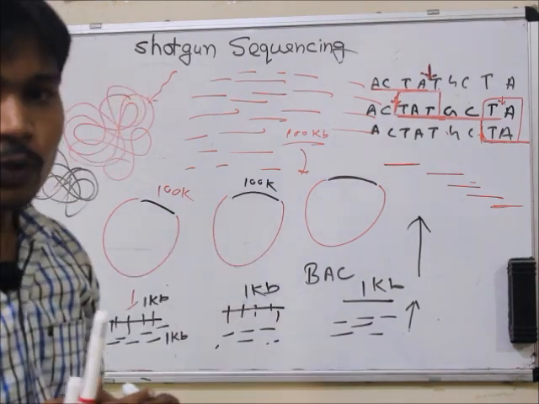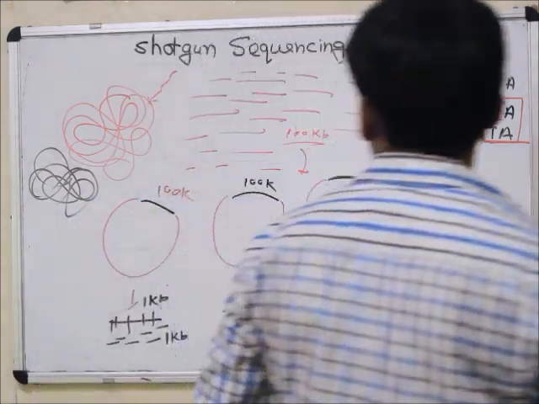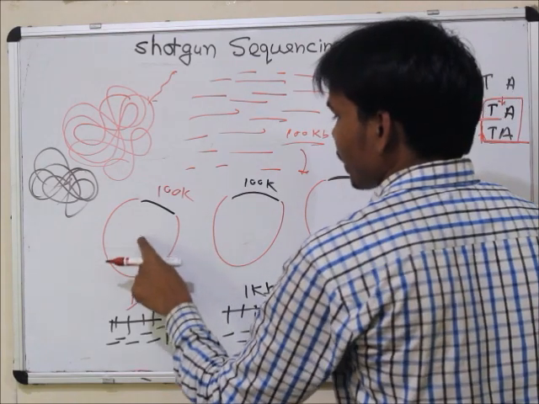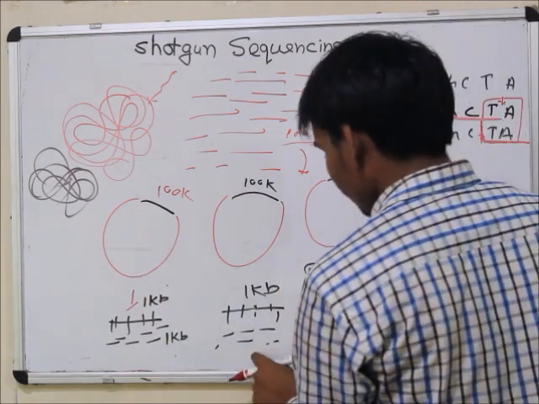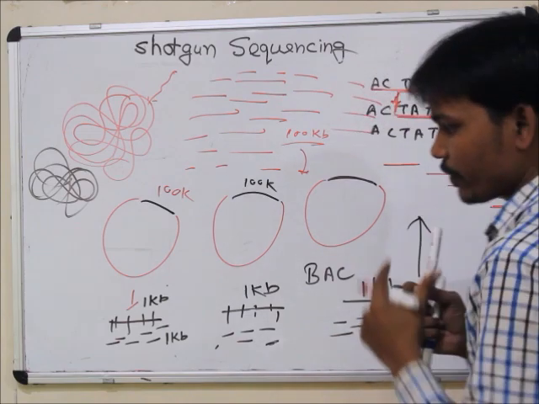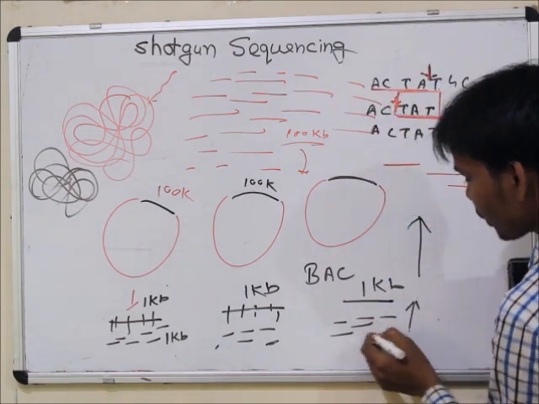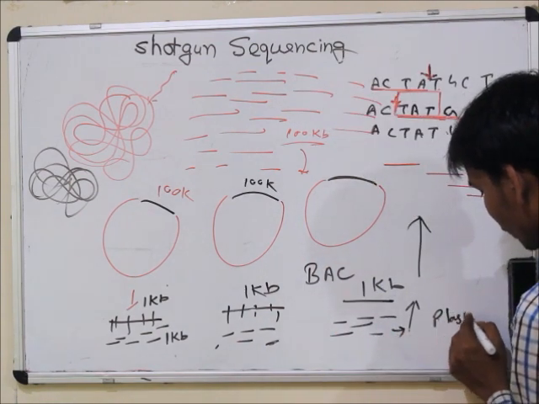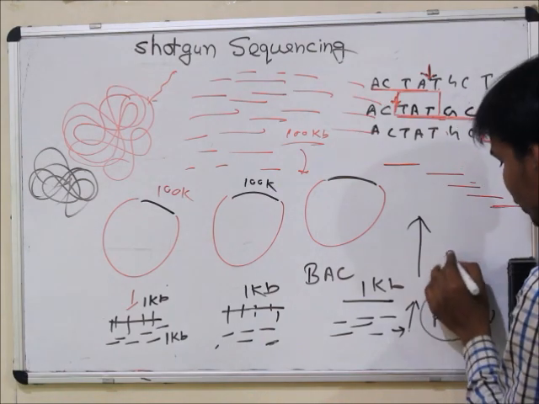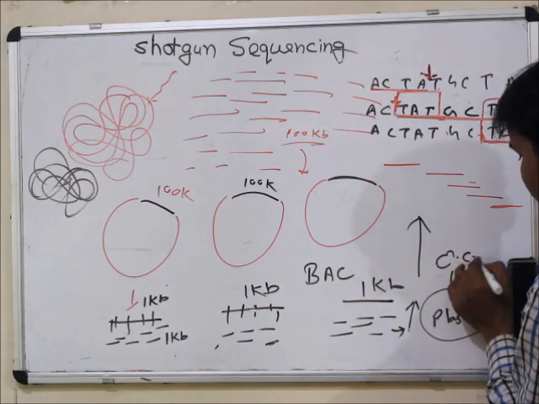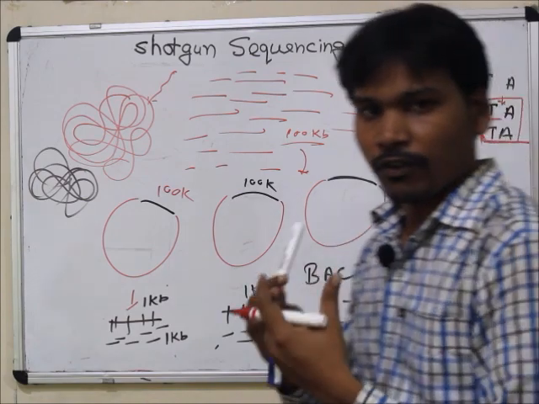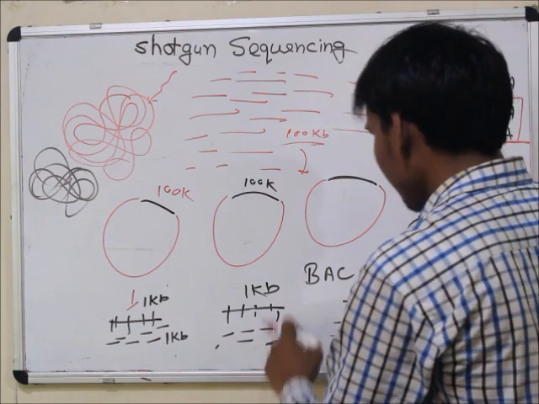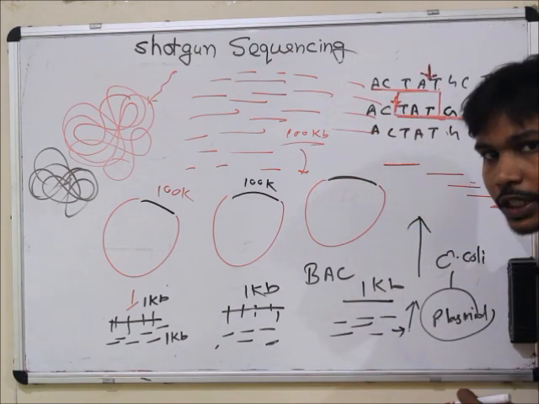That is similar to clone by clone sequencing. Why is it called clone by clone sequencing? Because the fragments are cloned in bacterial artificial chromosomes, and I have left one thing: the smaller fragments are also required to be cloned. So these will be cloned into the plasmid of E. coli. Why? Because a large number of copies of these fragments are required.